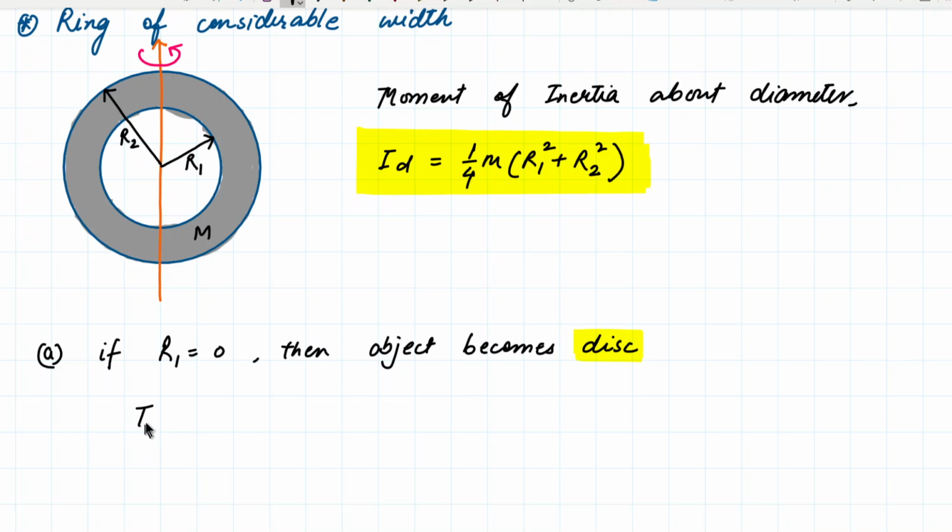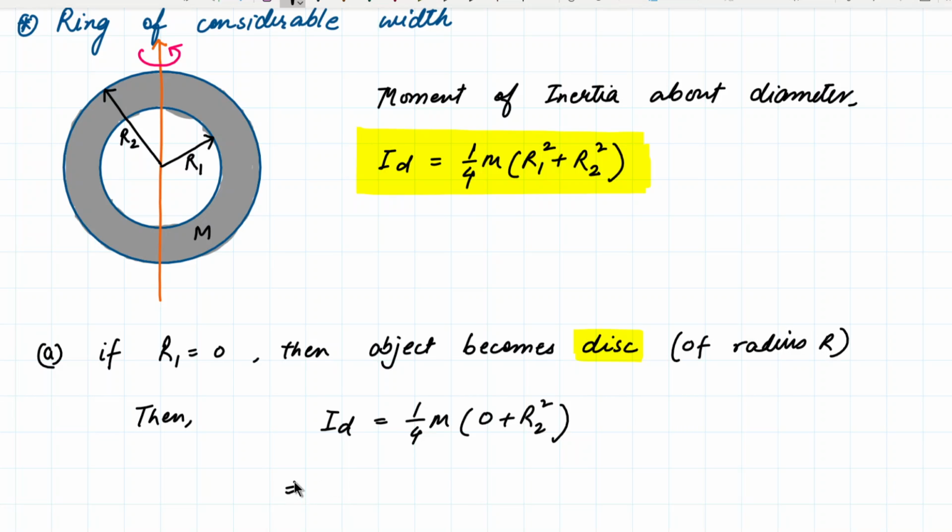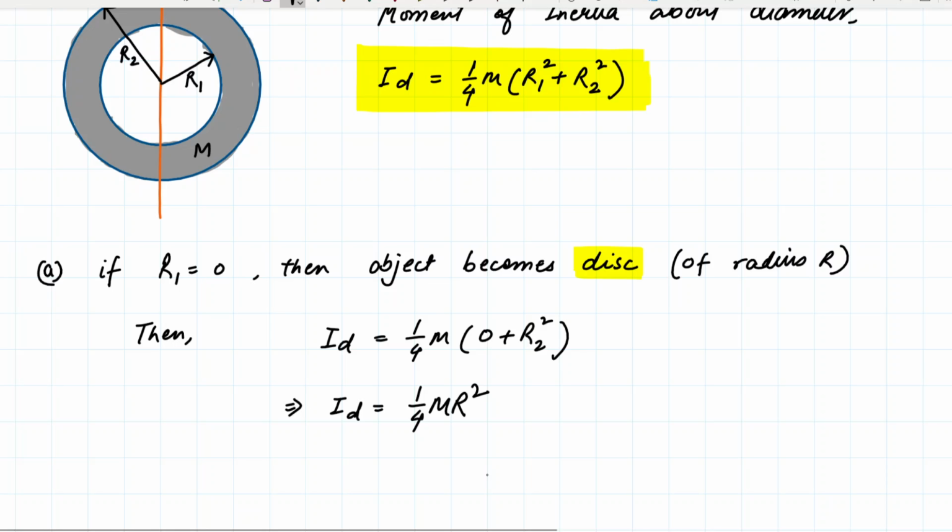So with respect to the diameter, you have 1/4 M into (0 plus r2 square), of radius r. So Id is equal to 1/4 M r square. So for a disk, the moment of inertia with respect to the diameter is 1/4 M r square.